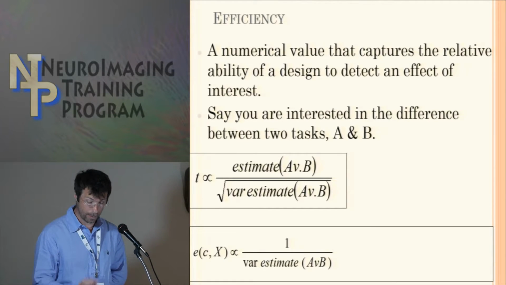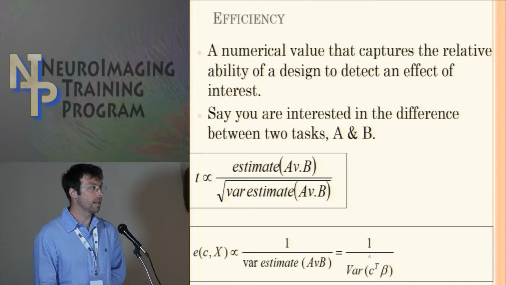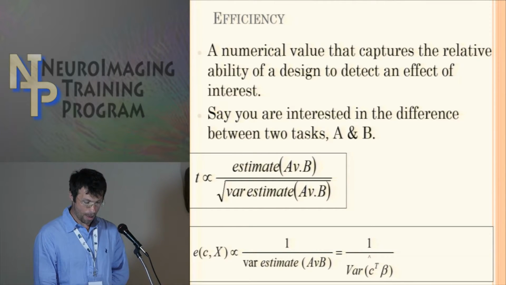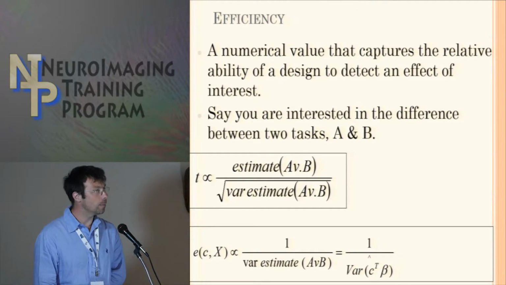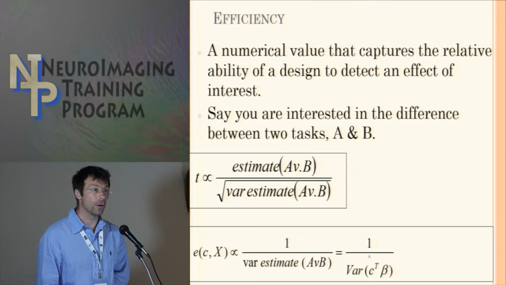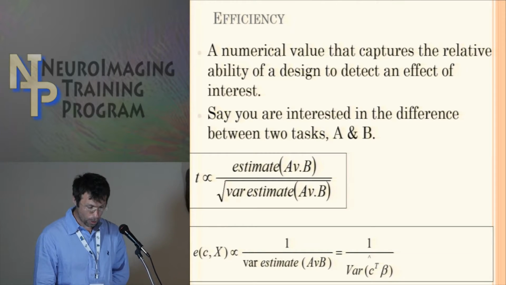Efficiency is proportional to that. In fact, given a certain contrast, C, and a certain design matrix, the ordering of your events, efficiency is 1 over the variance of what you're looking at, right? This defines efficiency. Now, let me break this down a little bit.